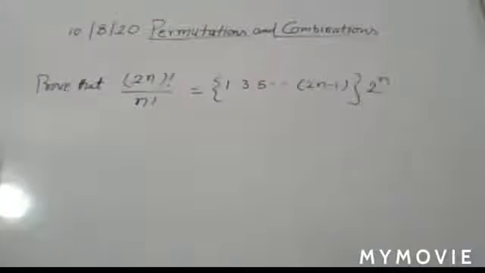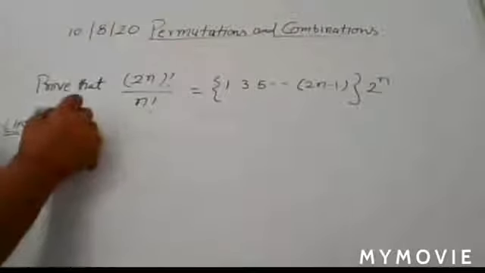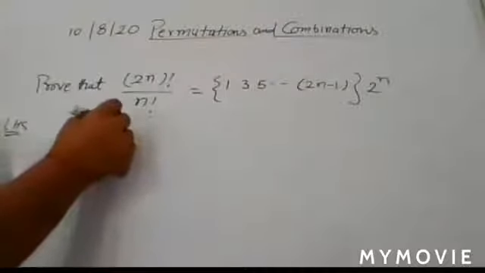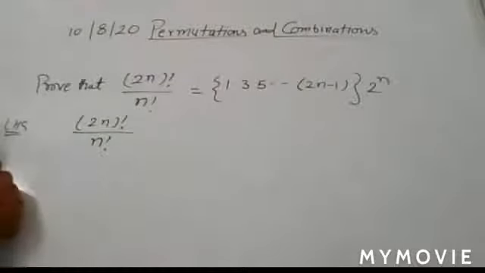You have to prove this result. So what you do, you have to take its left side, LHS, factorial 2n upon n factorial, and expand it.